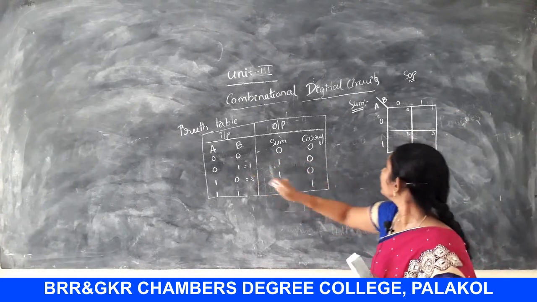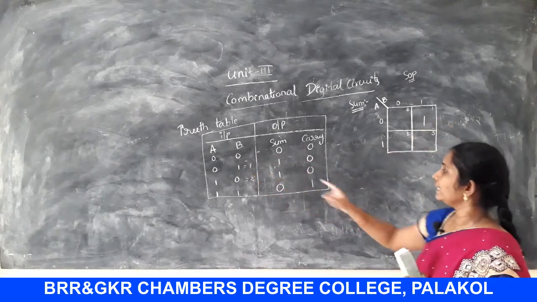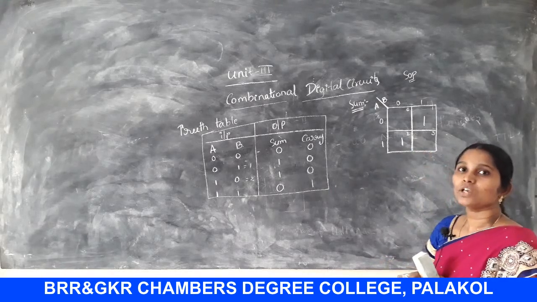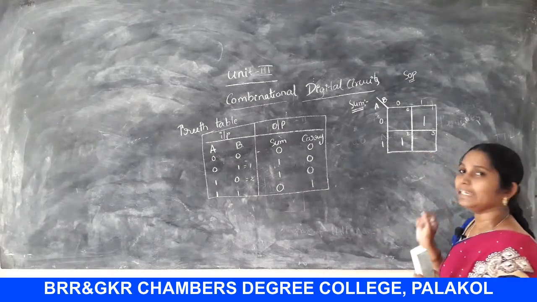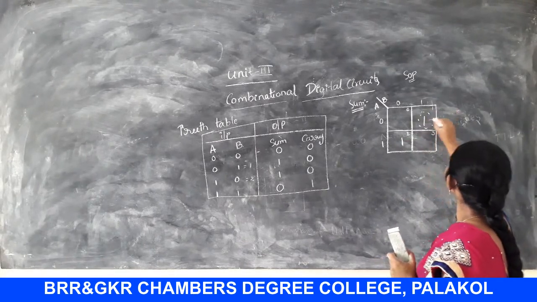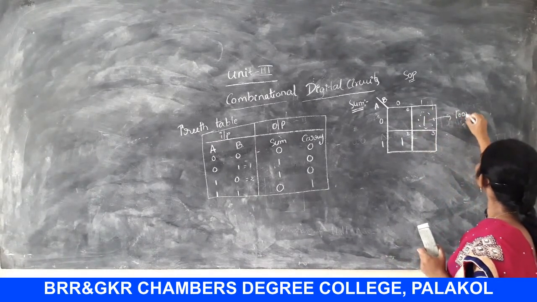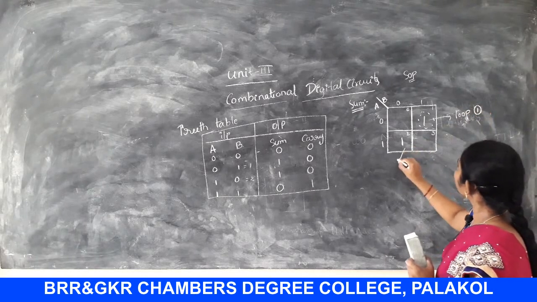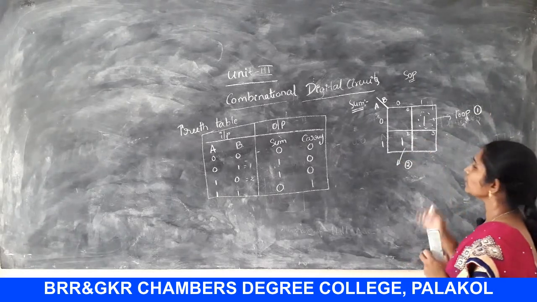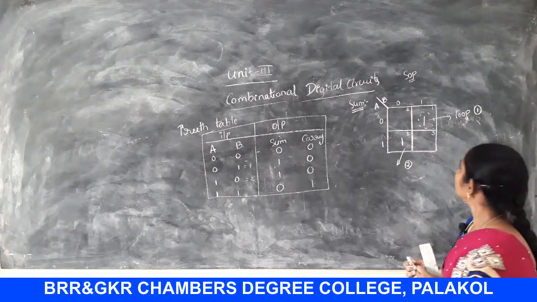So here 1 and the next one is 2. No need for pairing, so a single one is considered as a pair. This is loop number 1 and this is loop number 2. By using this we have to find out the equation.